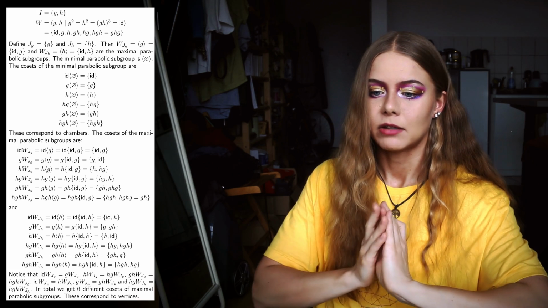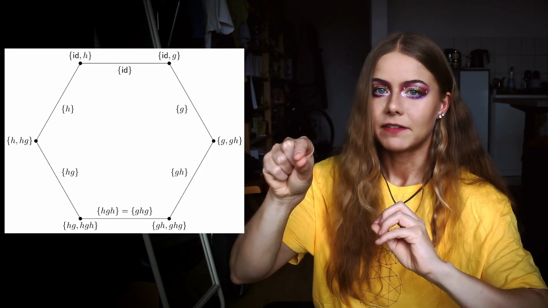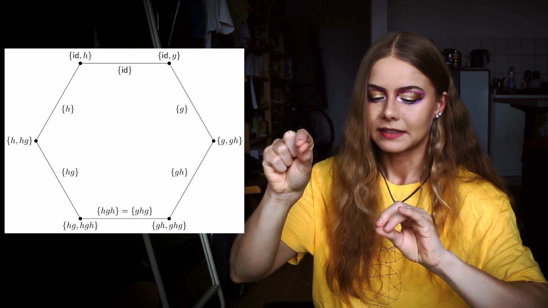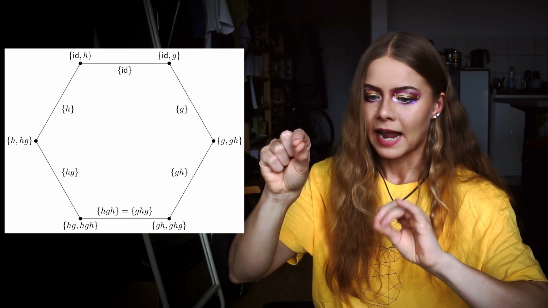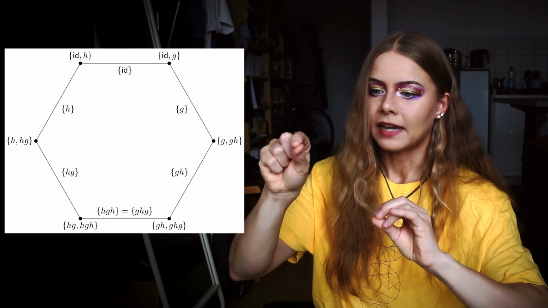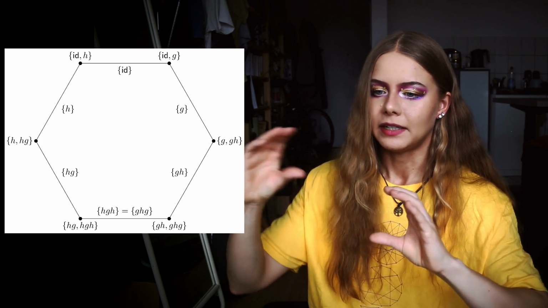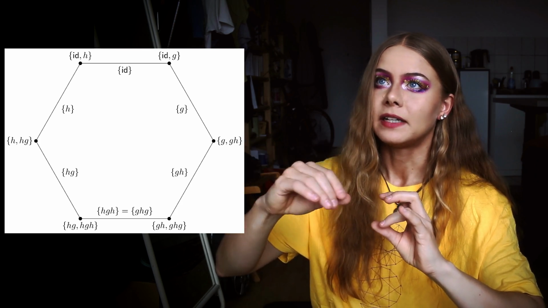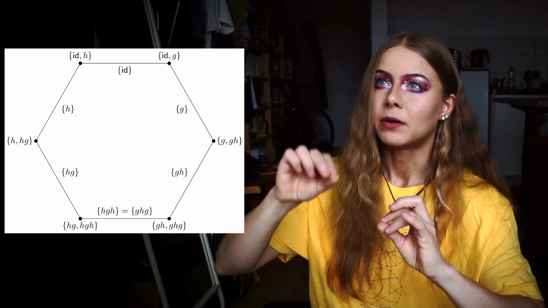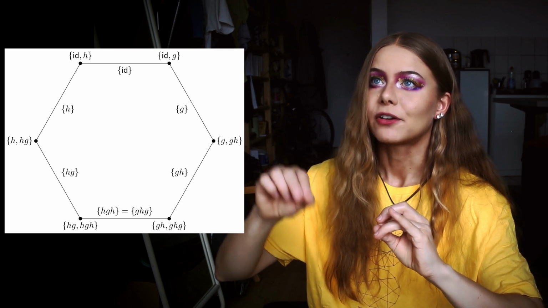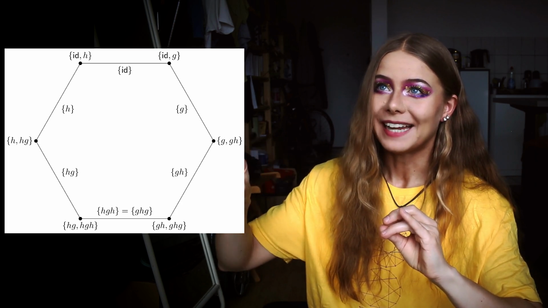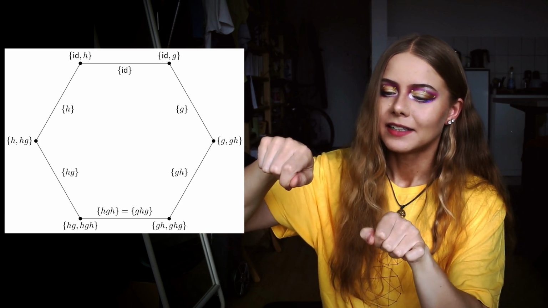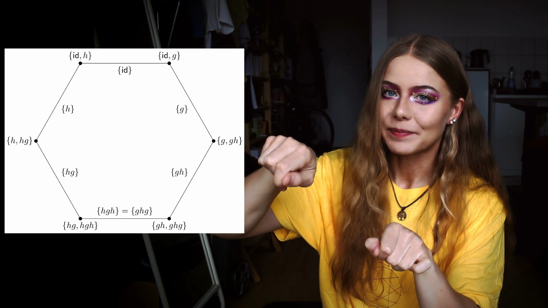It may sound more complicated than it is. If I have the vertex that contains the identity and H, and the vertex that contains H and G, then I want the maximal simplex corresponding to the coset of the minimal parabolic subgroup that corresponds to the group element H to be exactly the line between these two vertices.